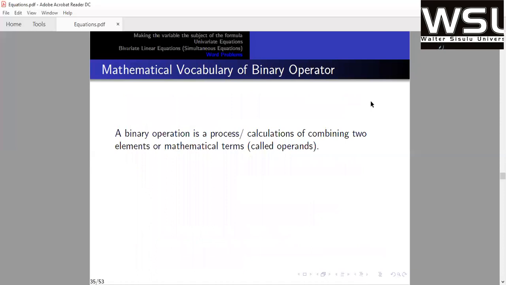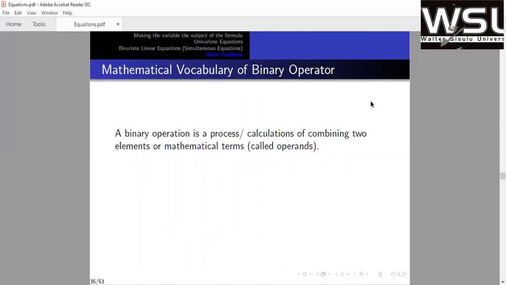Now, like I said, C is one of the most important parts in a box system. Note the vocabulary. Note what is needed. Now, what do we mean?